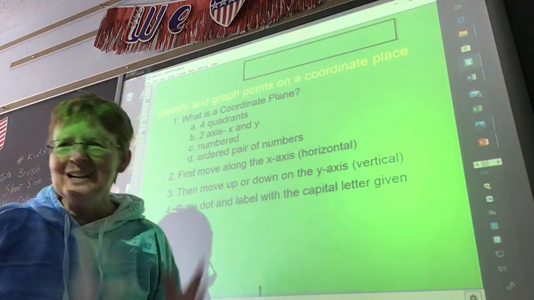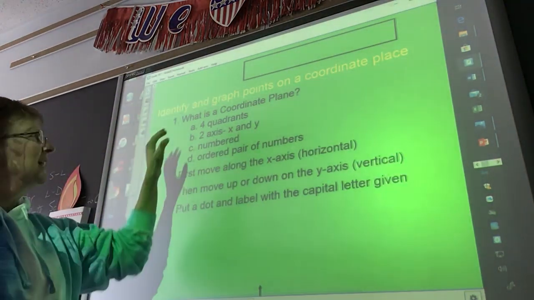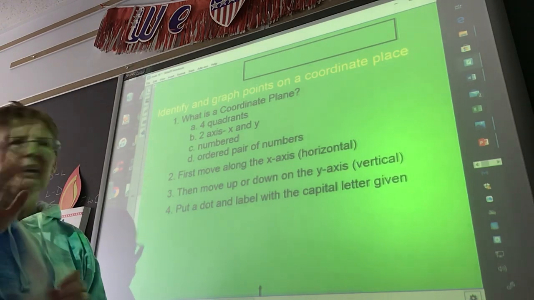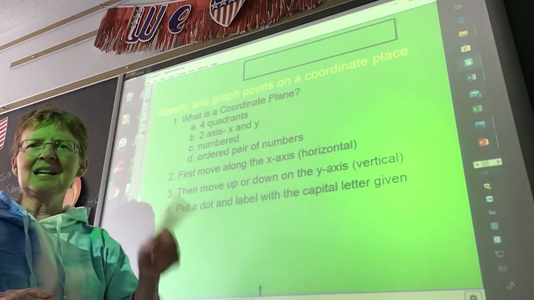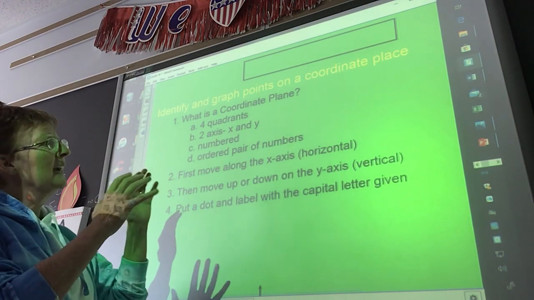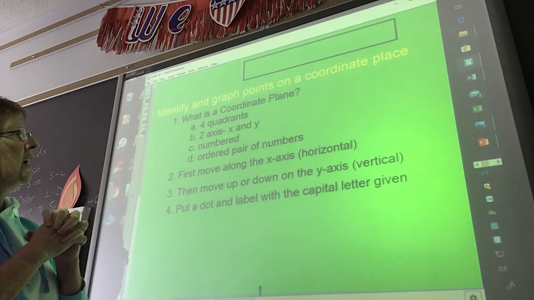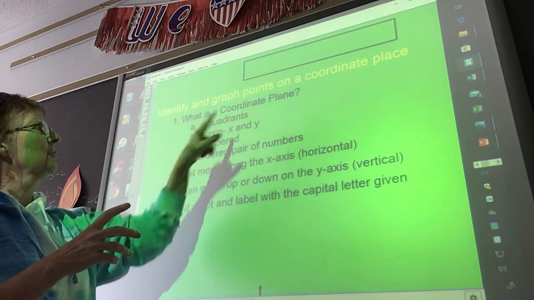There are some things that you need to know. First of all, what is a coordinate plane? Well, a coordinate plane is a diagram that has 4 quadrants, and we're going to talk about that in a second. There are 2 axes, the x-axis and the y-axis. And we have what are called ordered pairs, and each one of the quadrants is numbered.